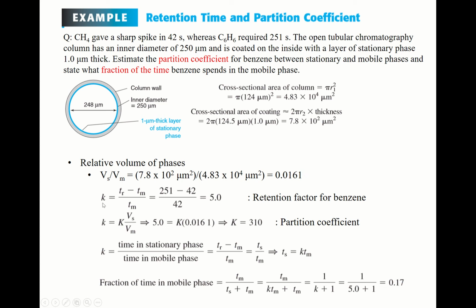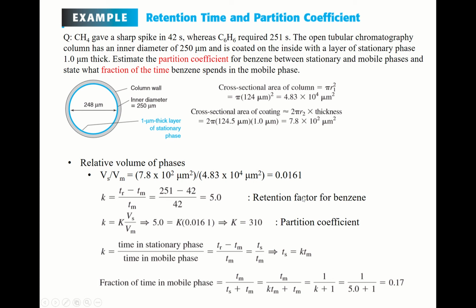By definition, K, the capacity factor, is (tR minus tM) over tM. tR is 251 for benzene, and tM is for methane, which doesn't retain in the column, 42. So (251 minus 42) divided by 42 is 5.0.